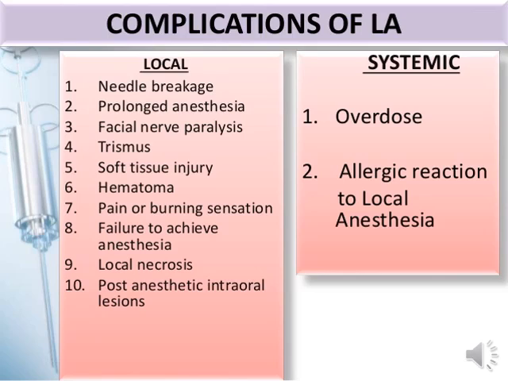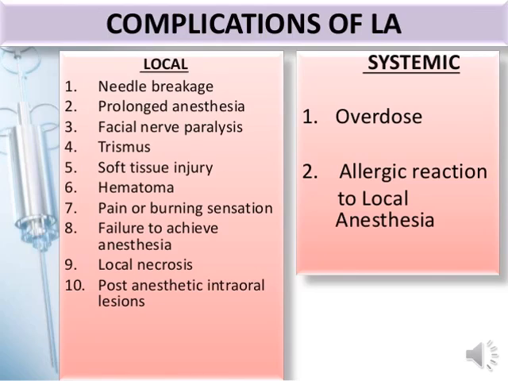Now we will discuss the systemic complications. In the systemic complications, especially in the intravenous block, when a large dose is given, it may lead to systemic toxicity. That might be in the form of CNS toxicity, which will be discussed later in our slides.